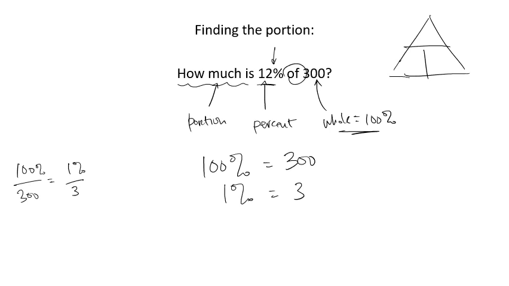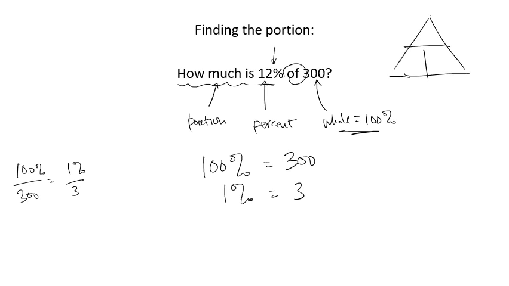And I want to keep this percent sign so we don't mistakenly think that 1/3 is happening in this problem. It's not 1/3. It's 1% is to 3. So in a way, this becomes a little bit of a ratio because we're comparing two numbers. This isn't really part to whole anymore.